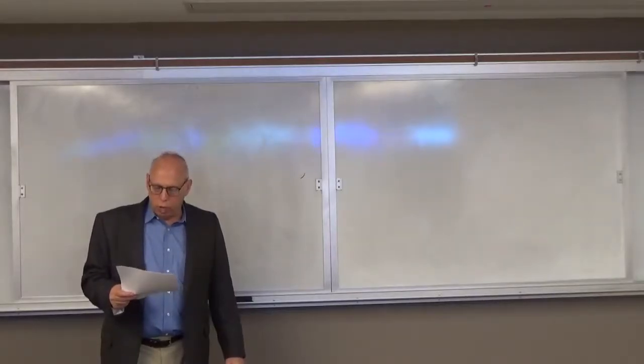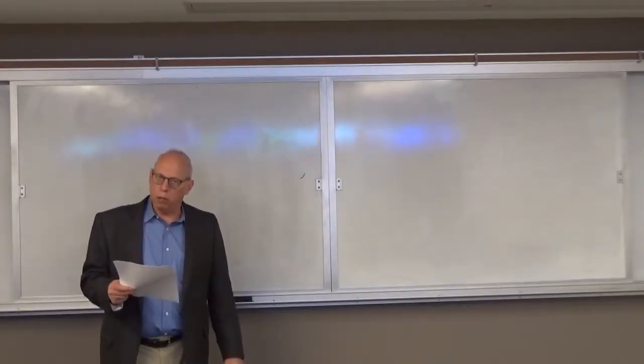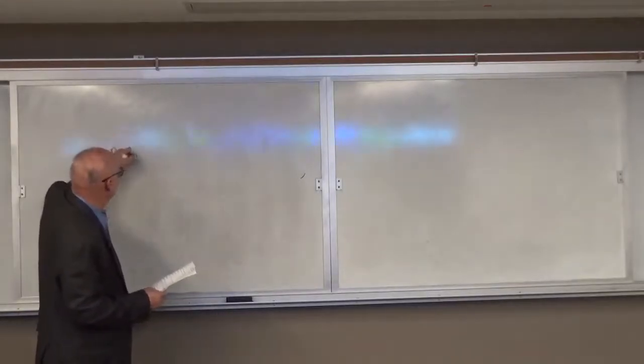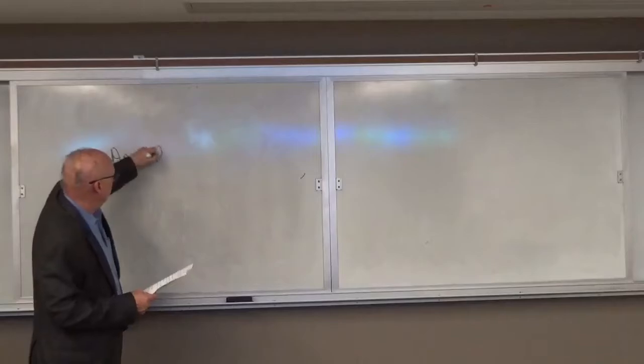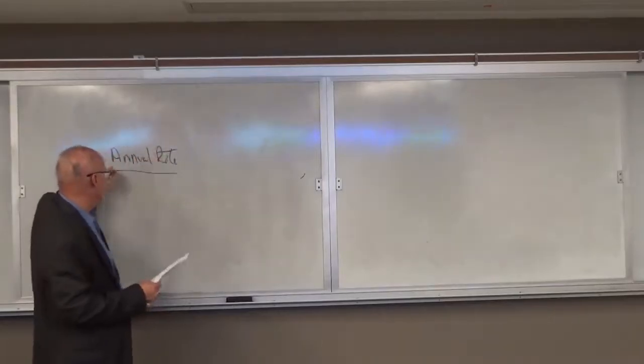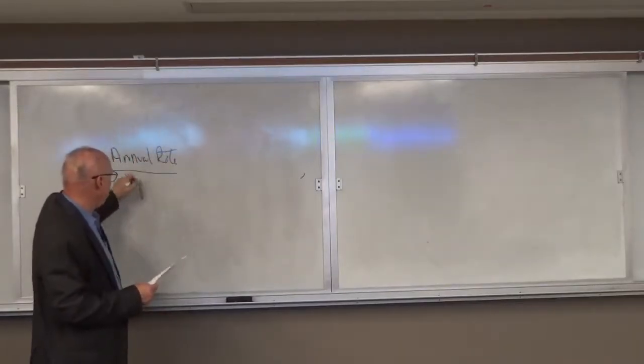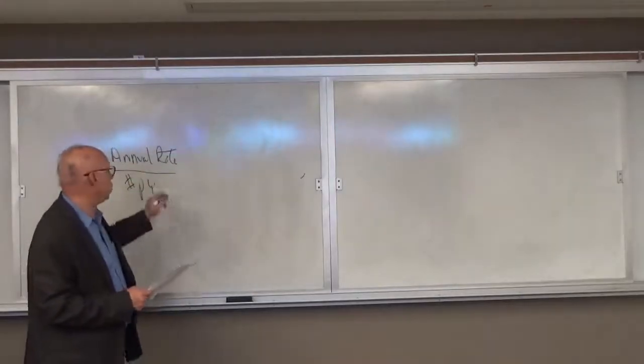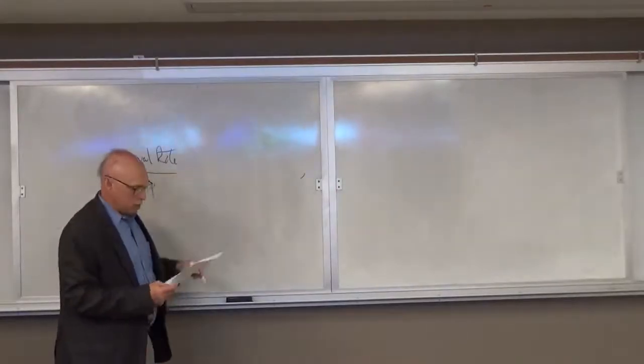How do you compute the dollar amount of periodic interest on a bond? Well, you take the annual rate and you divide it by the number of periods per year for the bond. So let's say it's quarterly.